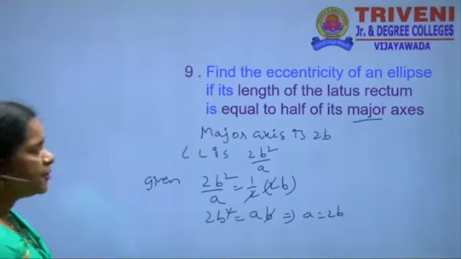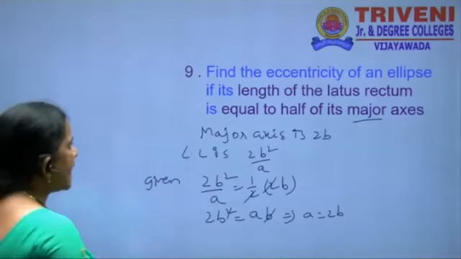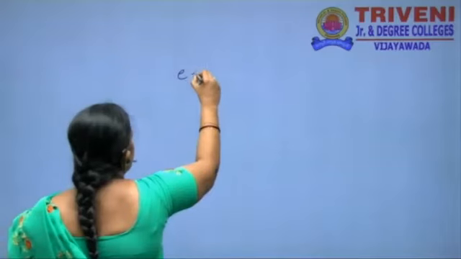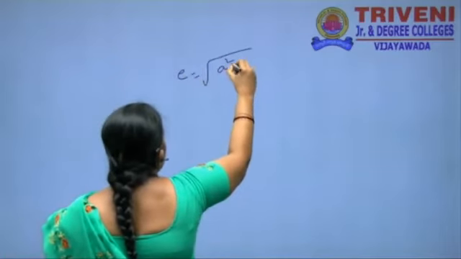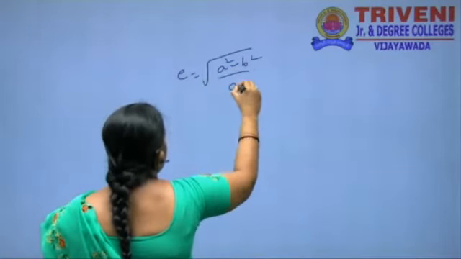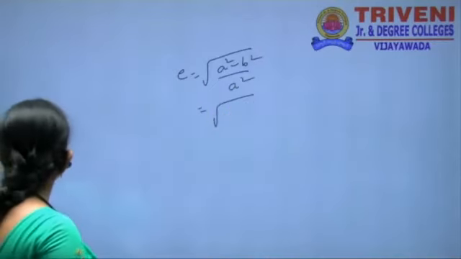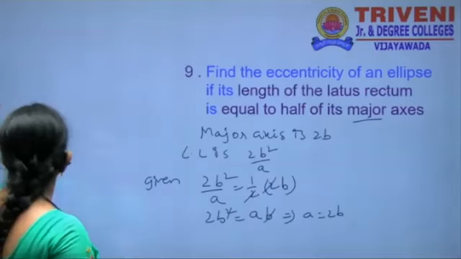They ask to find the value of eccentricity. In standard form, the eccentricity is the square root of a square minus b square by a square. Already you know the value of a. A is how much here? 2b.